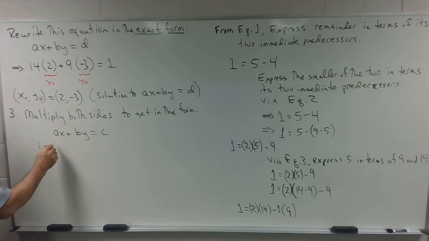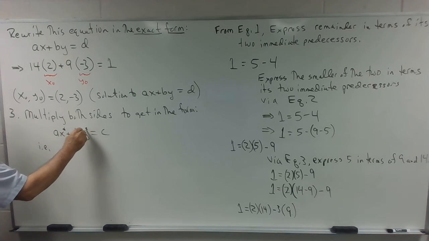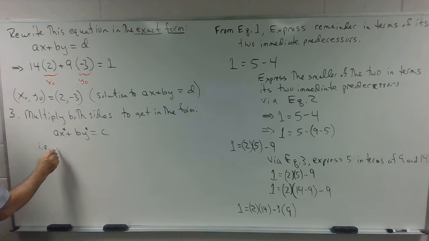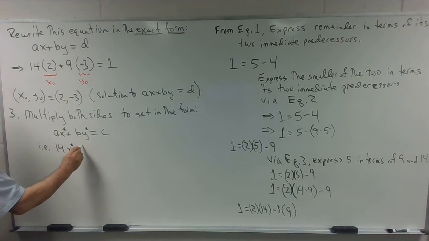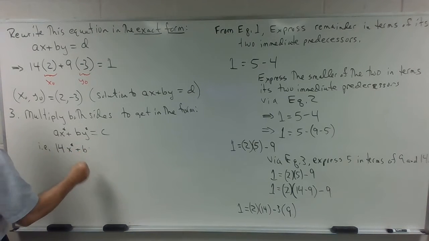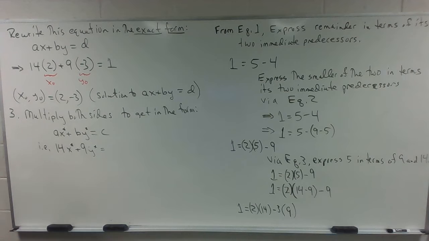We want to get it in this form, let's see. A is 14, so ax star plus b, but b is 9, y star equals, and what did we want? 23, was that right? 23, I think it was.